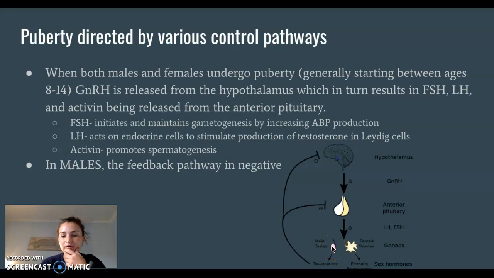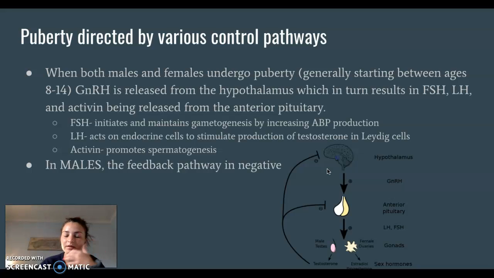Ultimately, as a result, the testes will produce testosterone primarily from those Leydig cells, and this androgen testosterone, as well as another molecule known as inhibin, will have a negative feedback role by inactivating the anterior pituitary and also the hypothalamus.